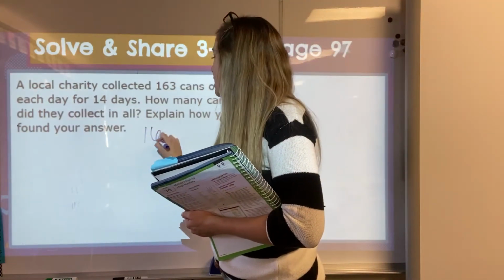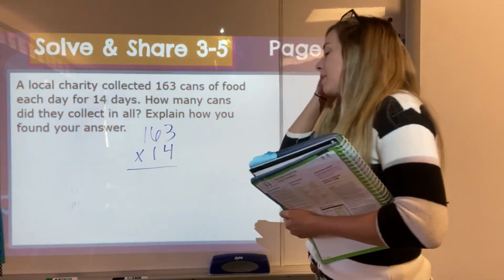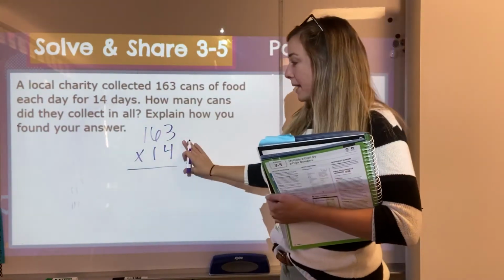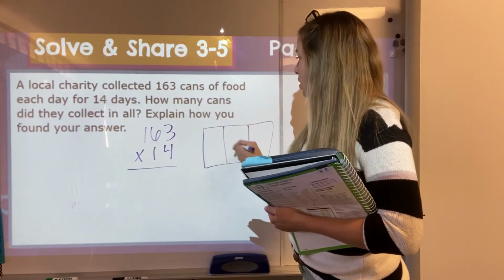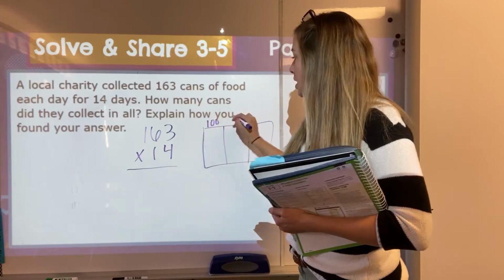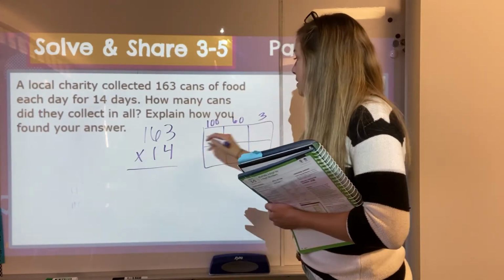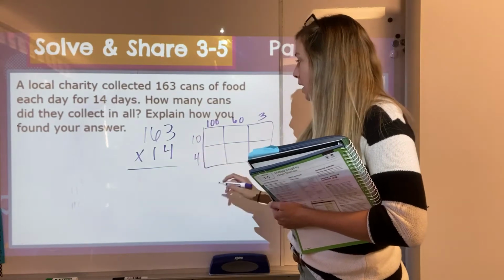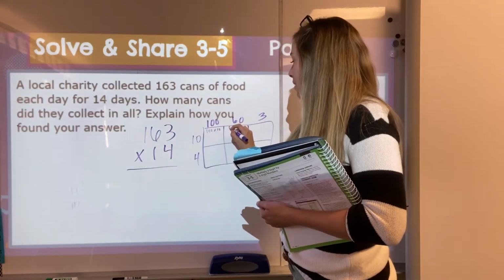We have 163 times 14. So, you could set it up like this for your standard algorithm, or we could split it into thirds, and we would have 160 and 3. And then we'd split it this way for 10 and 4. And so inside of each of these, we're doing a lot of multiplication.